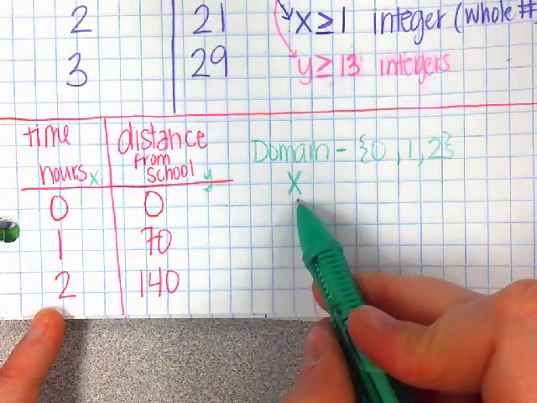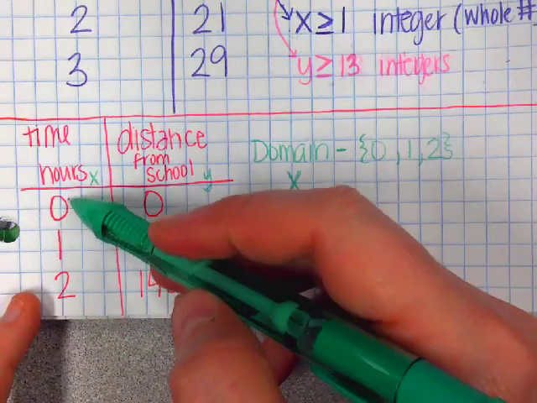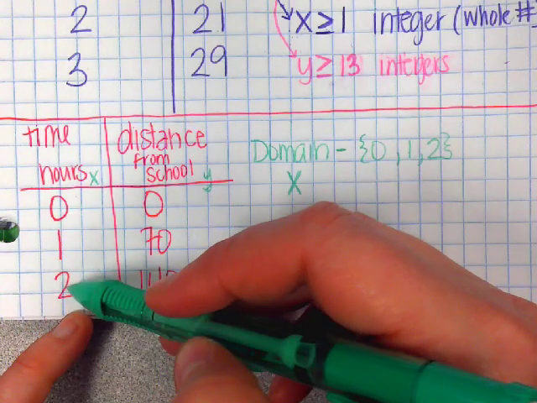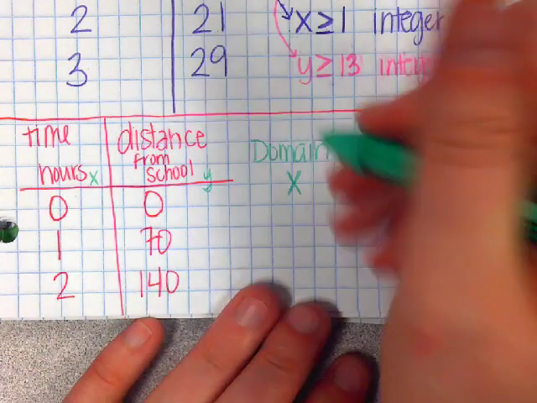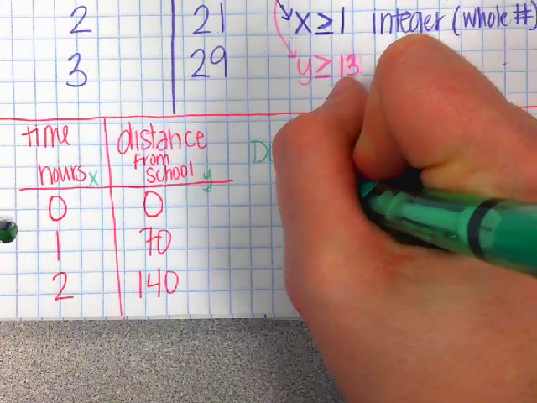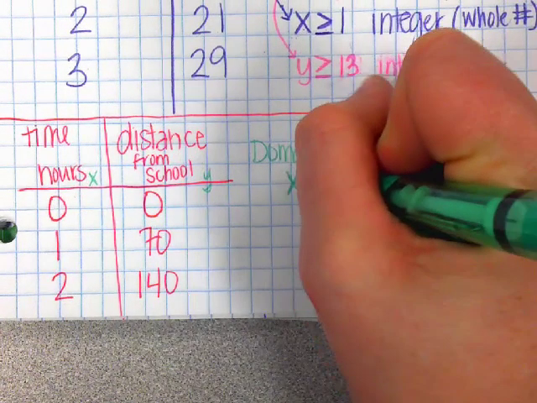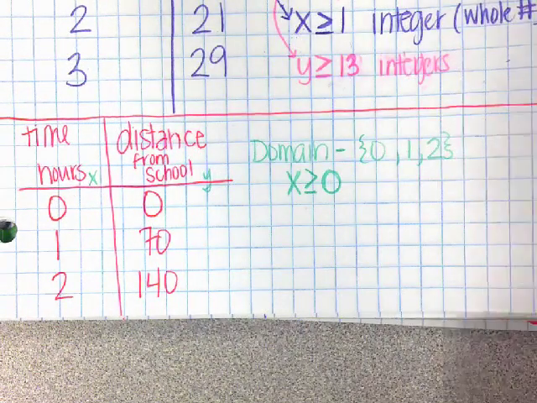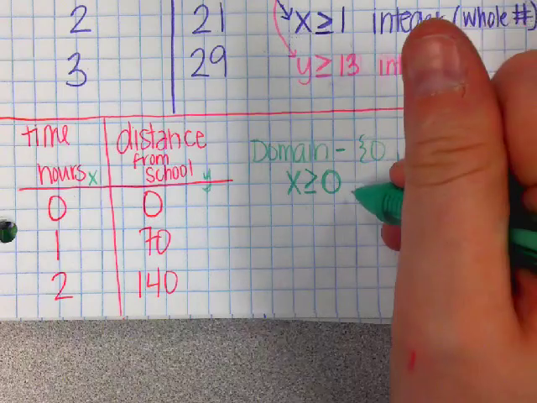So again, this is x, time is always x, distance is y. So x, my time is 0, 1, 2. So we can't have negative time since we left school. So you know it has to be greater than or equal to 0.